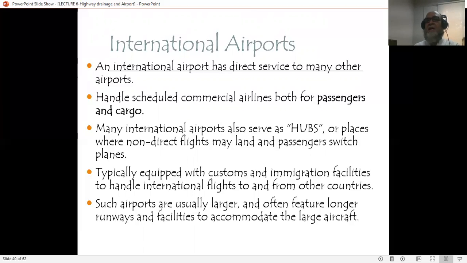People from India, people from Sri Lanka, and then they bring all of them to Dubai International. At Dubai International Airport, all of them are allowed to board an airplane going towards your destination, Australia or wherever. So this is a very profitable airport, but they are very large airports.